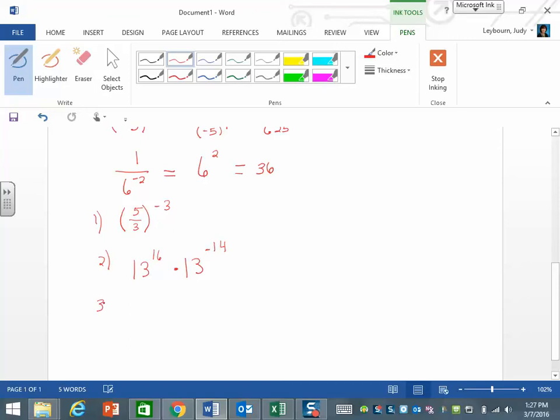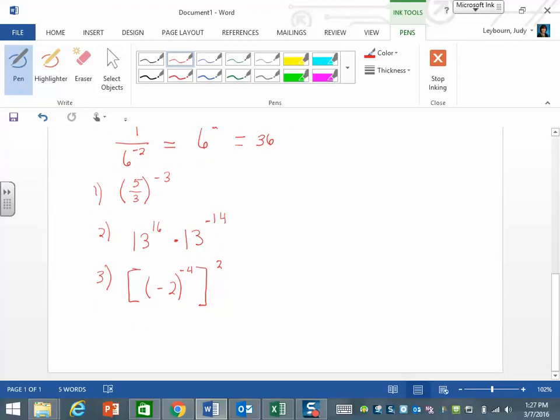Your third problem is -2 raised to the -4, and then that quantity raised to the second. And then your fourth problem will be 10 to the second divided by 10 to the -3rd. Again, press pause, and when you have finished, then come back.